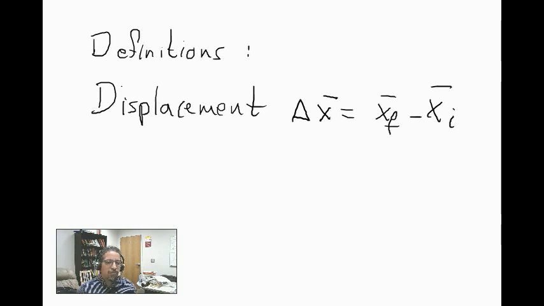So if you know two vectors, you know how to do this. If you are provided with vectors in, say, a diagram, then you actually are able to do algebraically this operation.